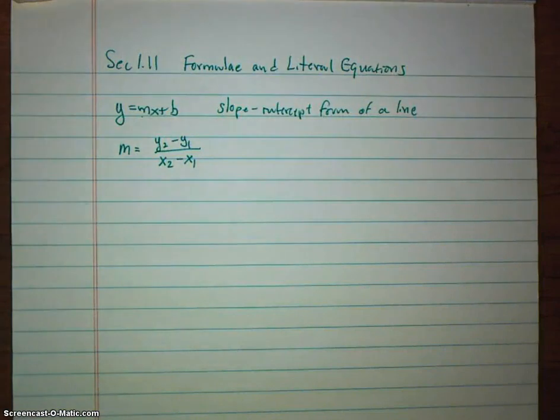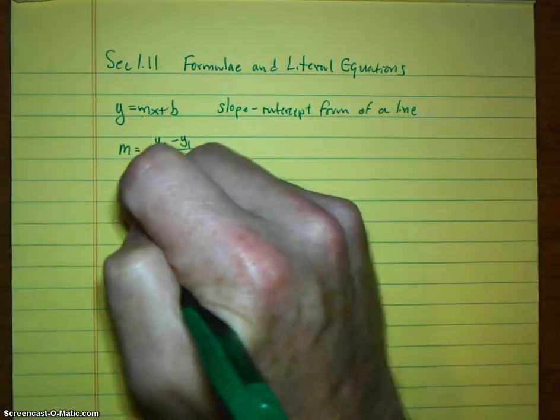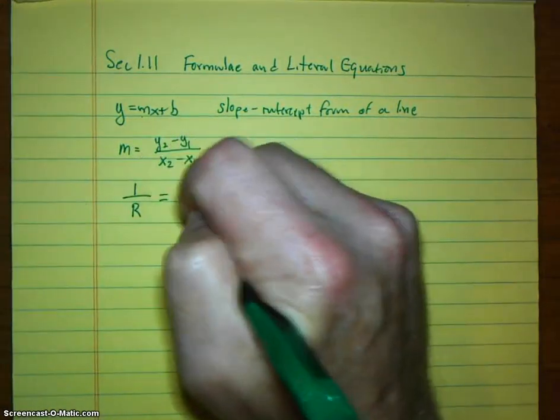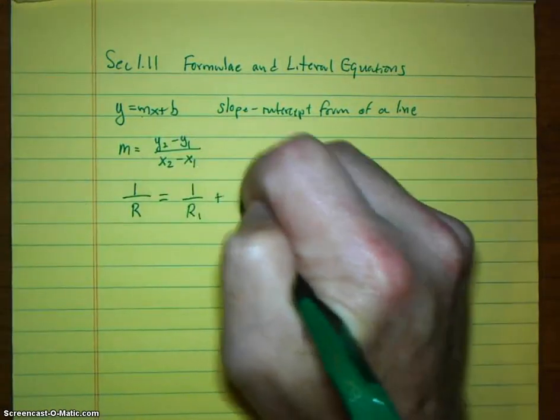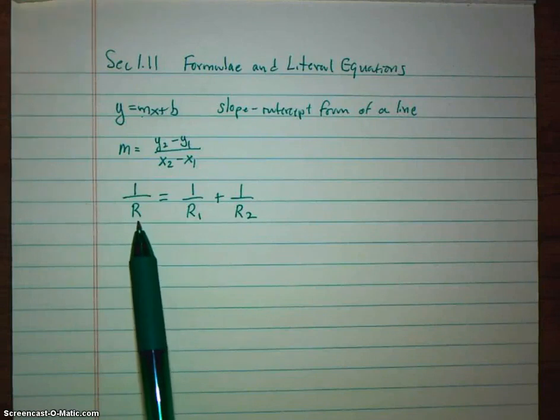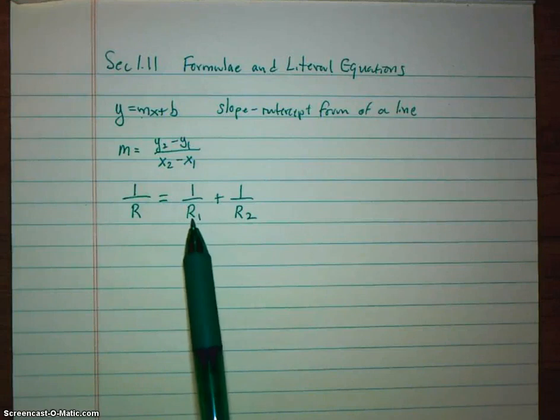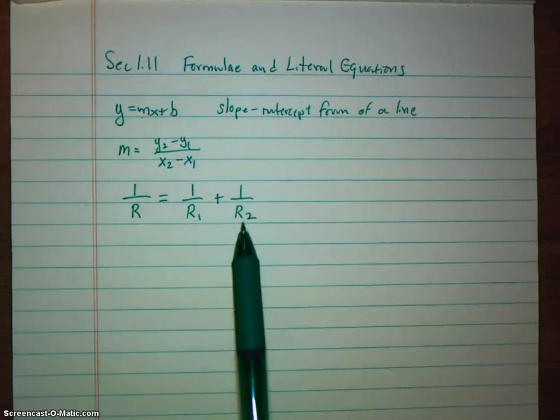Let me give you another very famous formula that you might see in the future. 1 over r equals 1 over r1 plus 1 over r2. This is a very famous formula from electricity, where R is the total resistance in a circuit, and 1 over the total resistance is 1 over the first resistance plus 1 over the second resistance.